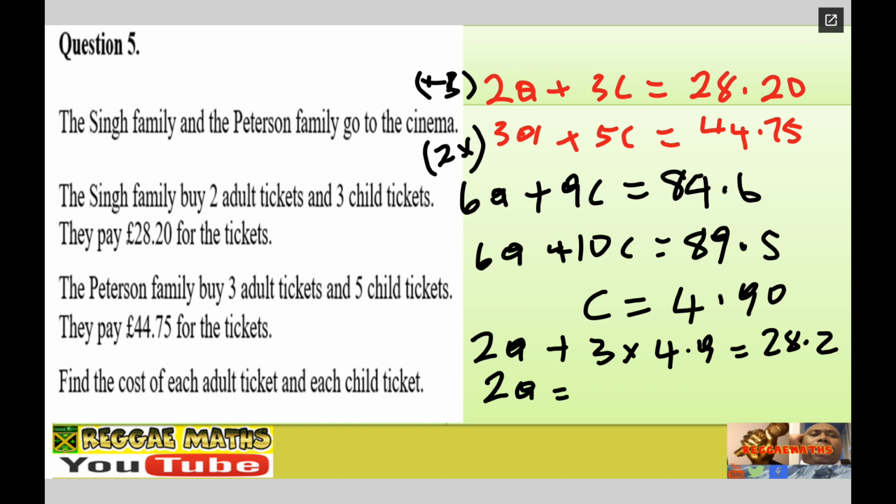A equals 28.2 minus 14.7, A equals 6.75.